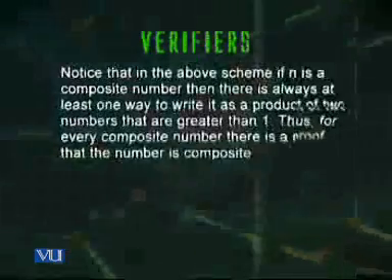You will never be able to find a proof which will convince me that a prime number is composite, because by the very definition of prime numbers, they are numbers which cannot be written as p times q, where p and q are both greater than 1. So for example, if you have the number 13, there is no way for you to give me a proof that 13 is a composite number.